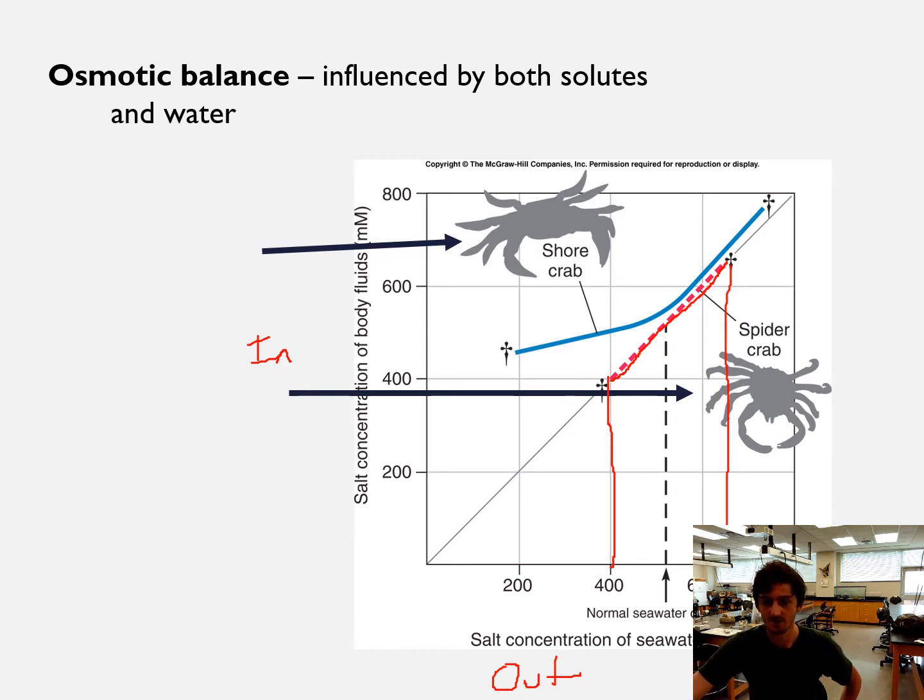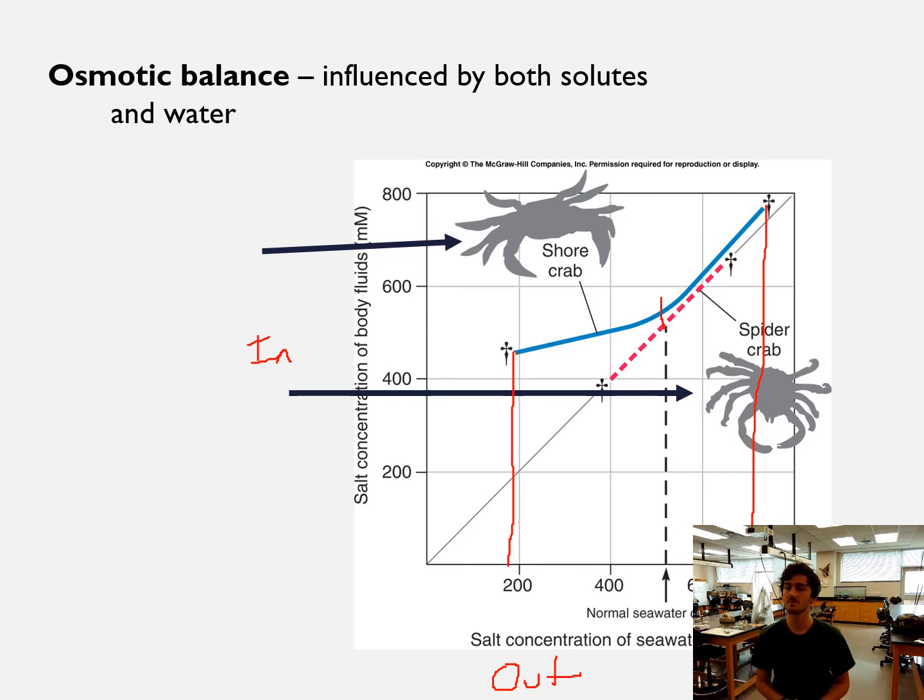If we consider our shore crab, which is found in those tidal environments, and it's euryhaline, it survives at a much lower amount of salinity, roughly about 180, and I can't see the x-axis, but up to around 700 millimoles of salinity.